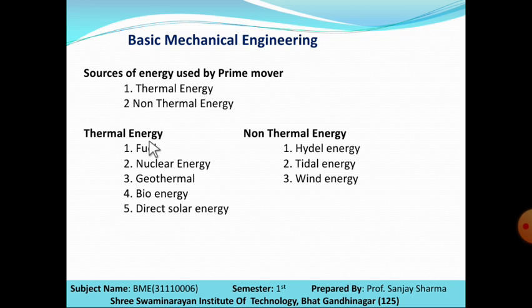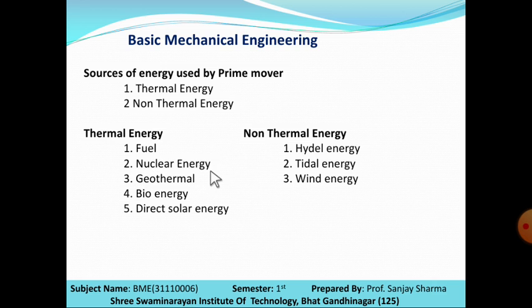In thermal energy, the first one is fuel, second is nuclear energy, third is geothermal energy, fourth is bioenergy, fifth is direct solar energy. Friends, you are all aware of these points. Fuel is obtained as petrol, diesel, kerosene.